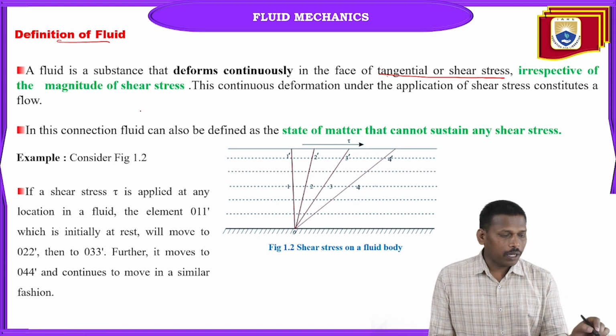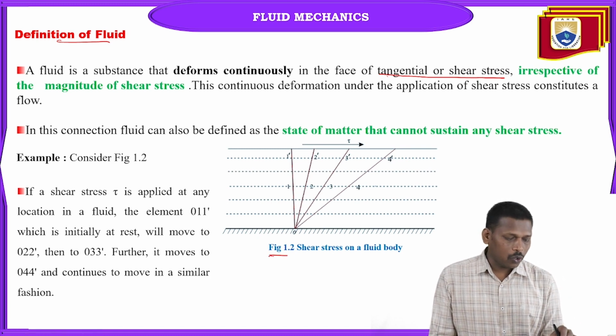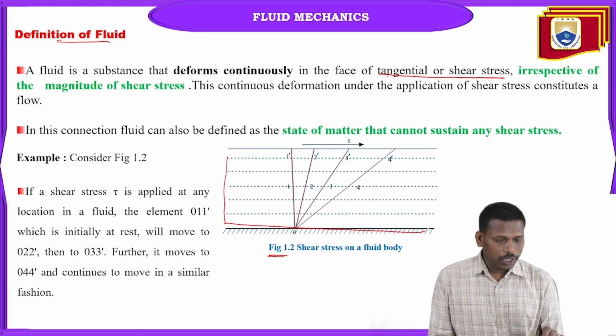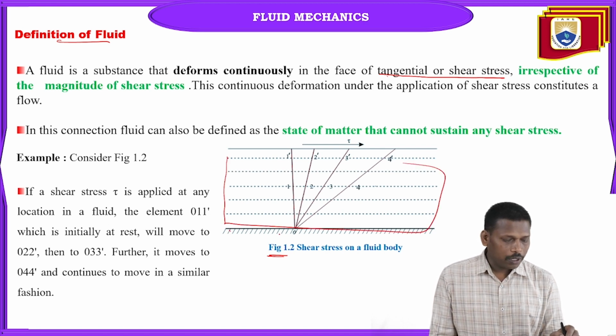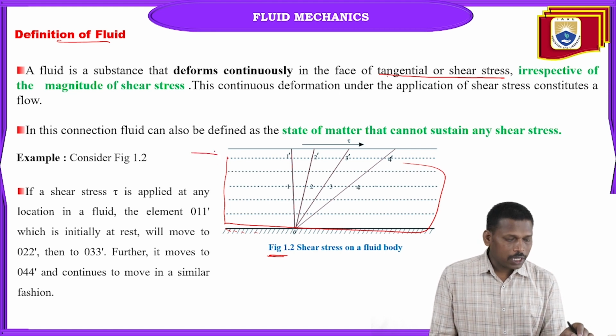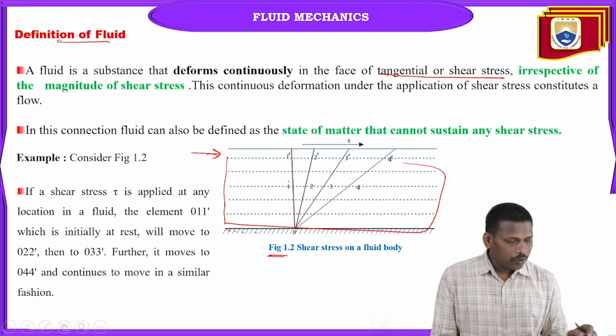So if you see this figure 2, this is about fluids. This is the permanent plate, whereas shear stress is acting in this direction. Initially it is at 0 to 1.